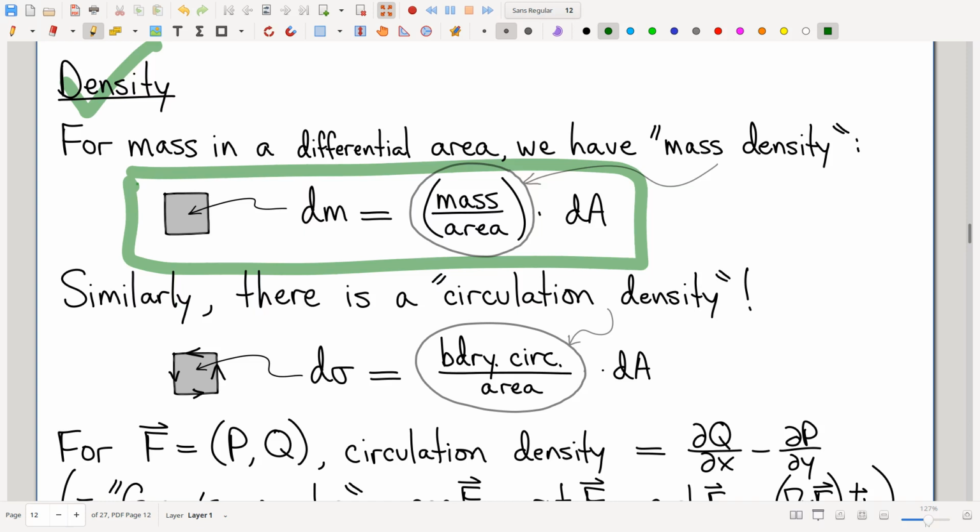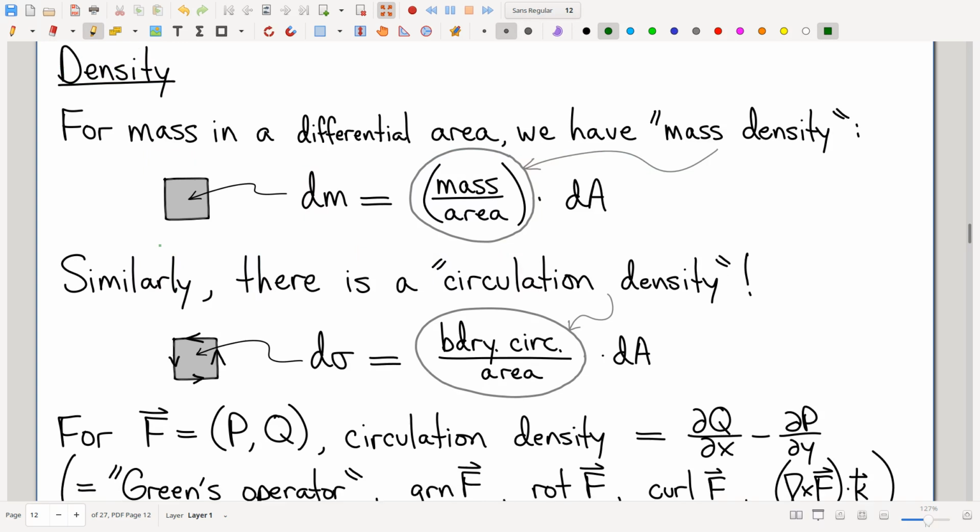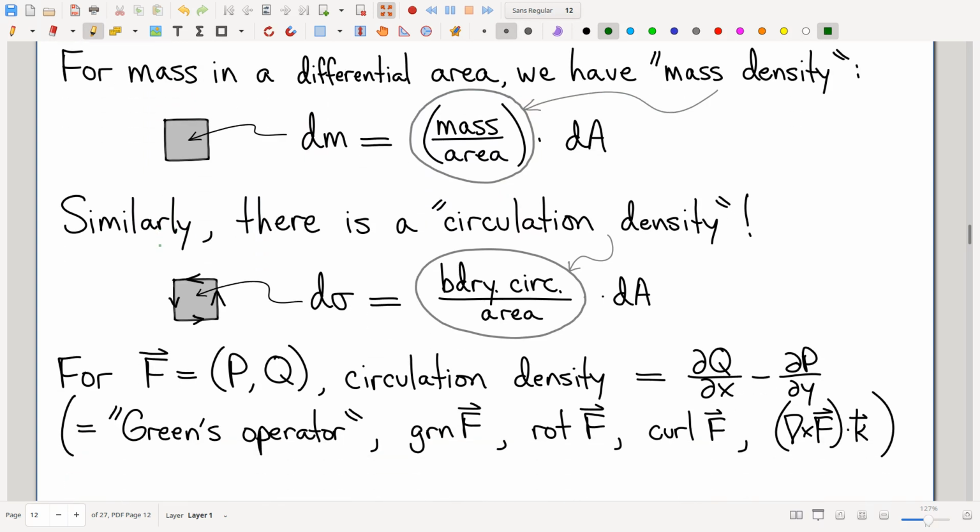Okay, so here's the creepy idea. Circulation, boundary circulation, is also an accumulating quantity. It sounds weird, I know, but I can talk about how much boundary circulation there is on that piece.